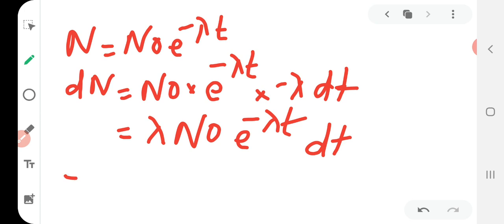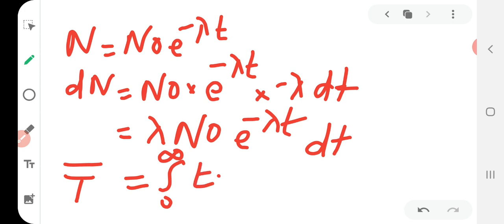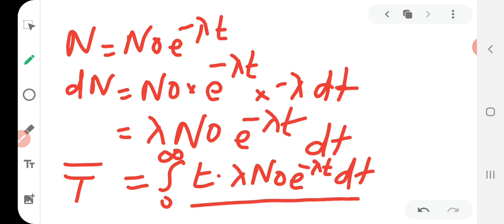So substituting, t bar, the mean life, is equal to the integral from 0 to infinity of t dN. dN is lambda N0 e raised to minus lambda t dt, divided by N0. So N0 gets cancelled.